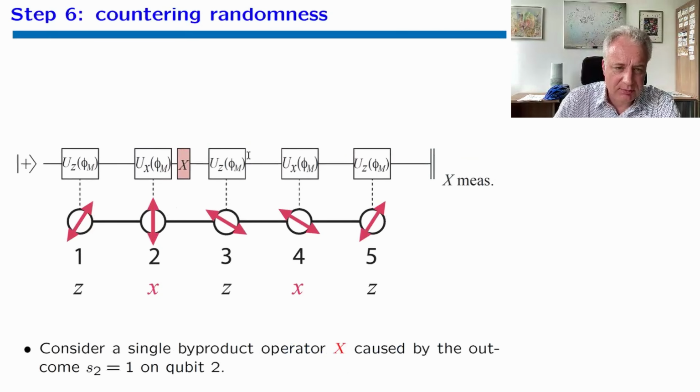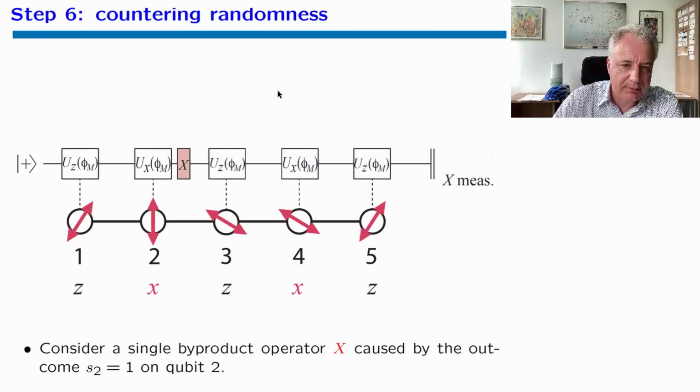To simplify the situation, as an example, we look at the situation where we have just one single byproduct operator sigma x sitting here, and by virtue of the measurement outcomes, all these other byproduct operators have not appeared. So it's only one object to focus on. We want to propagate it past the end of the computation. Pauli operator X anti-commutes with Pauli operator Z, and that effect we will see shortly.